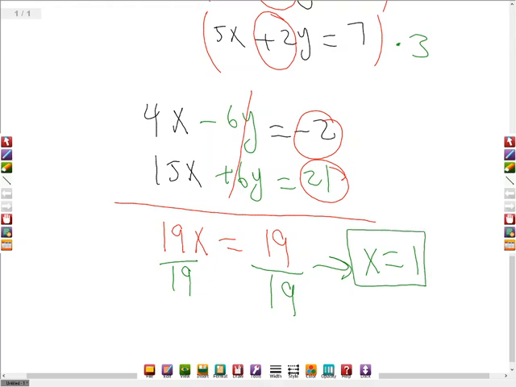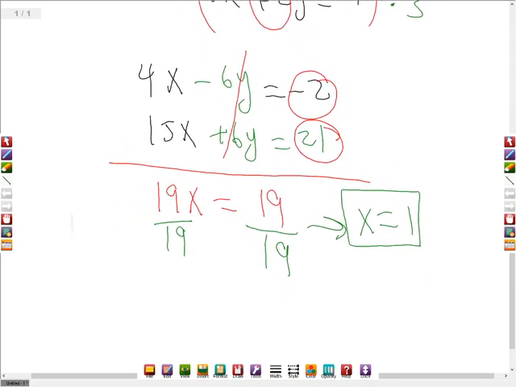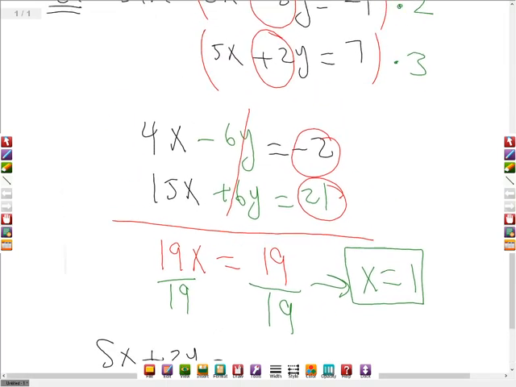Now you take the value of x and plug it into either one of the two equations to find y. Let us take the second equation, 5x plus 2y equals 7.